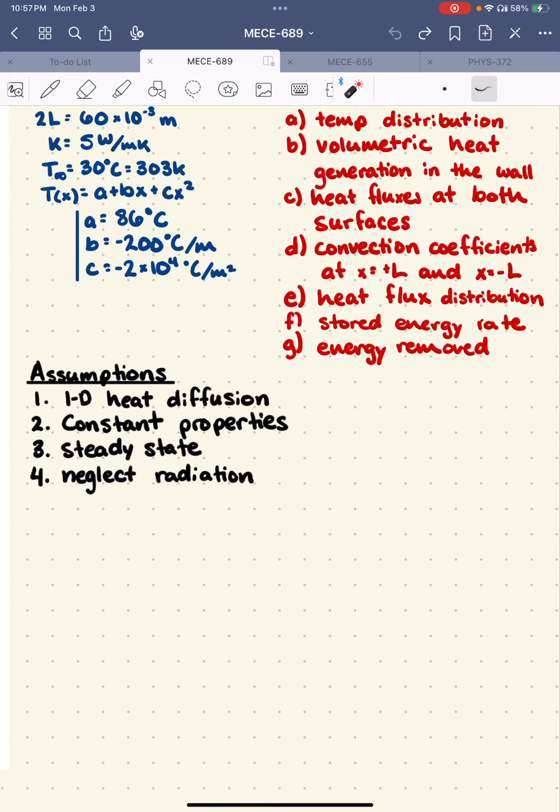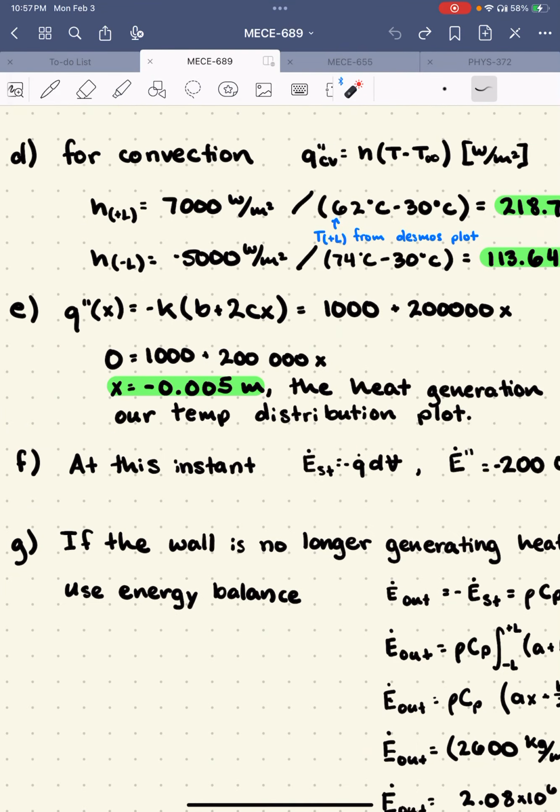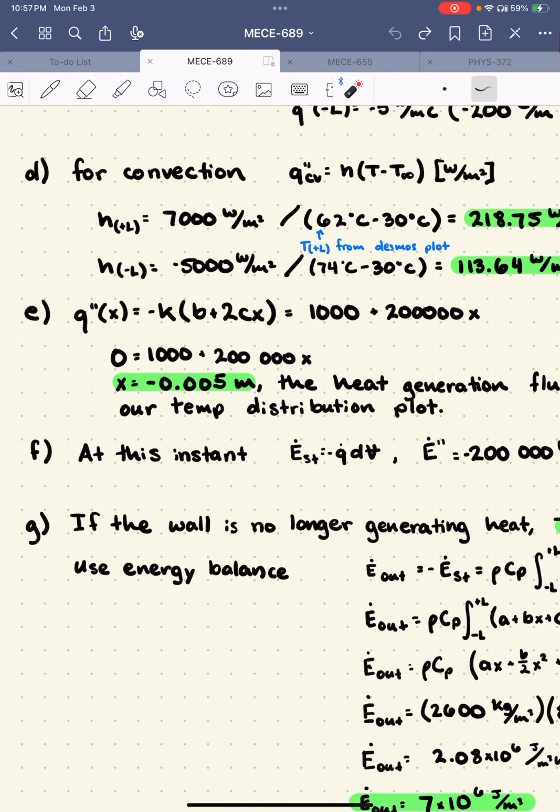Part E is looking for the heat flux distribution. And so we're going to take the equation that we solved for and set this equal to 0. So we want to know where the heat flux is equal to 0 within our distribution.